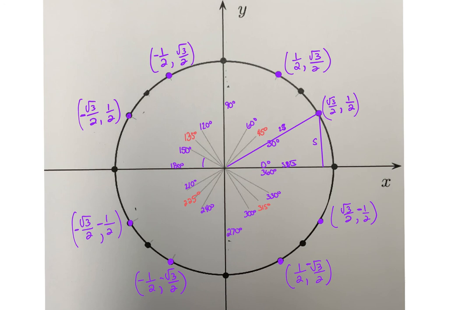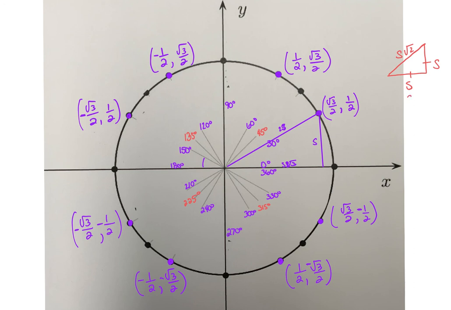Let's look at our 45s. Okay? So for 45, it's a little bit different. So for 45, and I'm going to draw it out here, my sides are actually the same value, right? And my hypotenuse is what? Side times square root of 2.